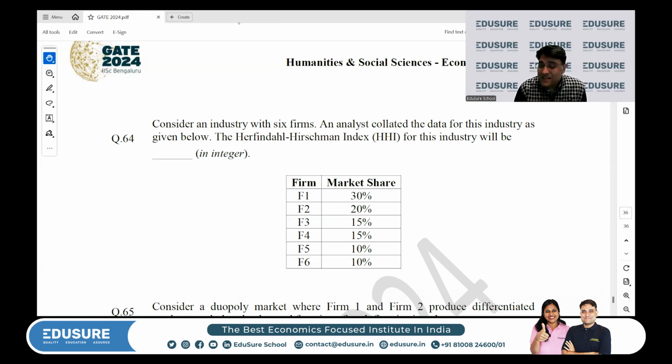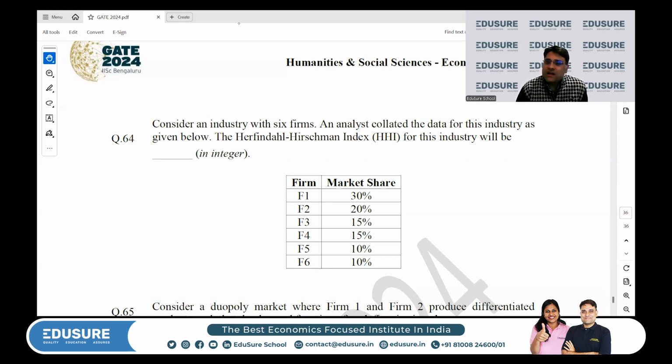It helps economists and policymakers evaluate how competitive or monopolistically competitive an industry is. The applications of the Herfindahl-Hirschman index: number one, antitrust analysis.